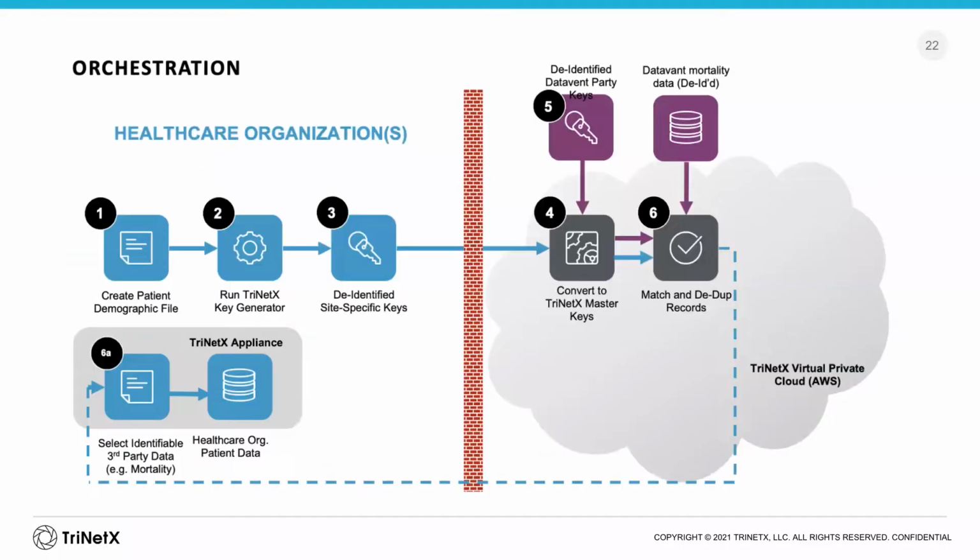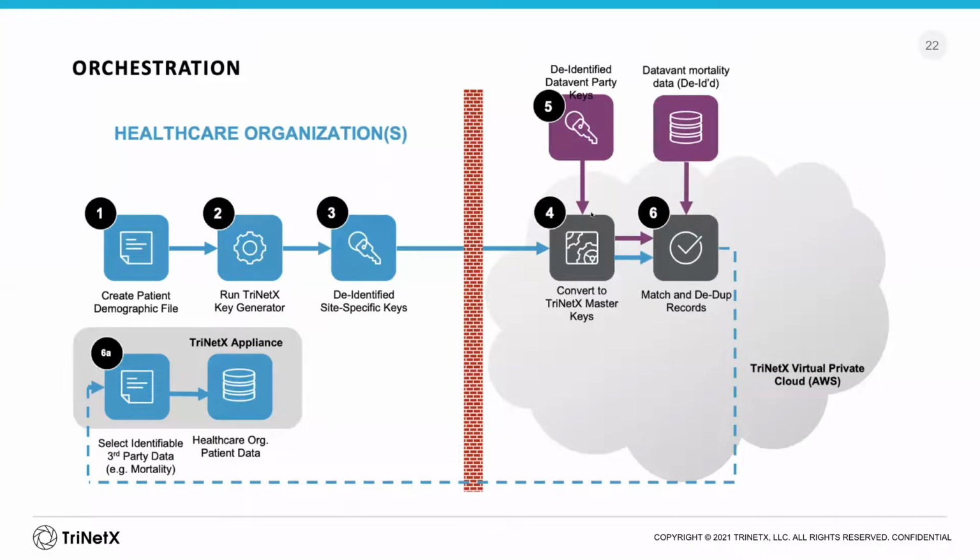Next slide, please. So this slide shows what linking looks like from an architecture and process perspective. In step 1, the healthcare organization will create their own patient file, which can be fed into the TriNetX key generator, where de-identified keys will be generated for each patient. And then these de-identified keys, which have absolutely no PHI attached to ensure privacy protection, are sent to the TriNetX virtual cloud.